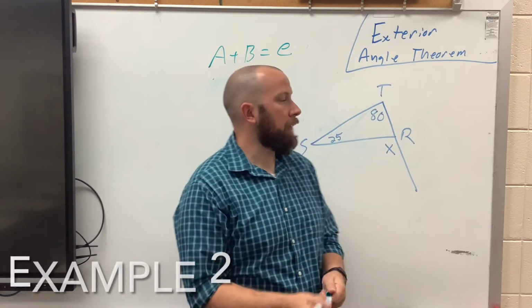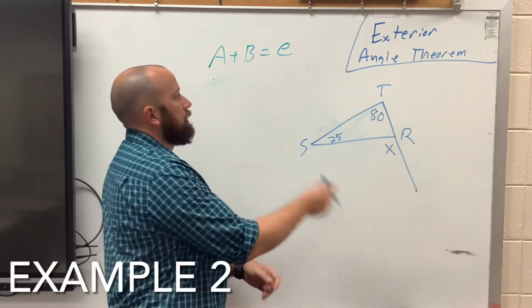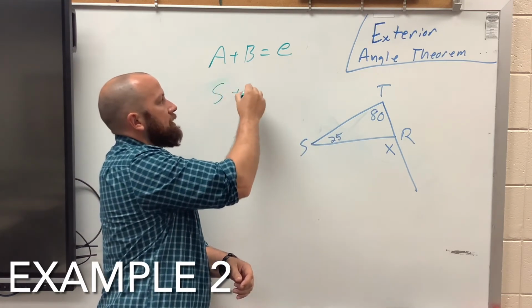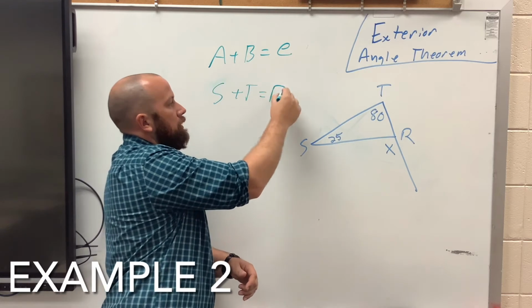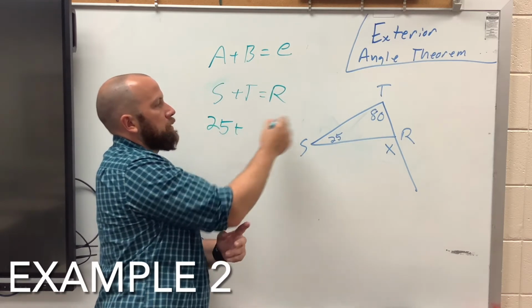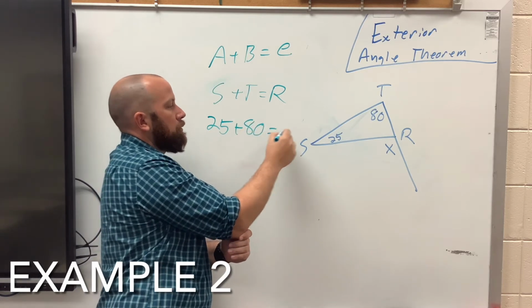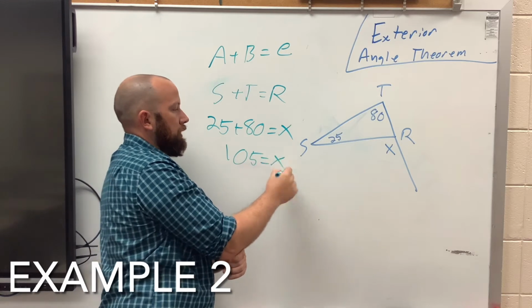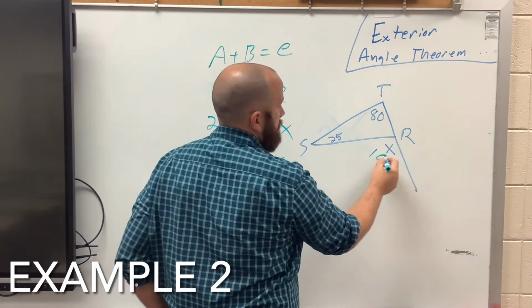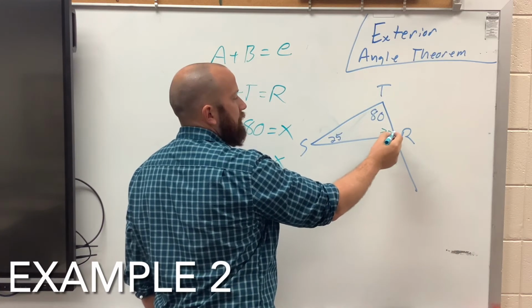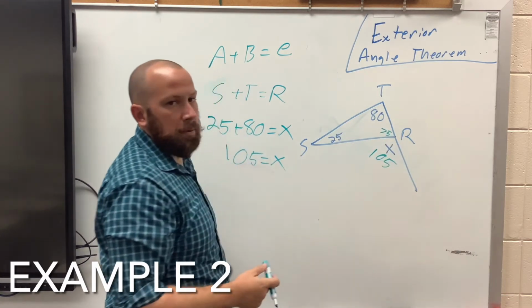All right, this one's going back to basics again. So I can rewrite it if I want. S plus T equals R. So my S is 25 plus whatever my T is 80 equals X. Add those together, get 105 equals X. So if this is 105, this should be 75, because these two angles are supplementary.